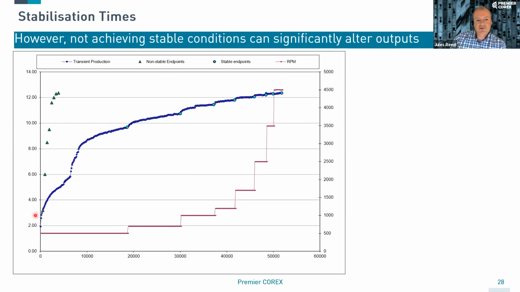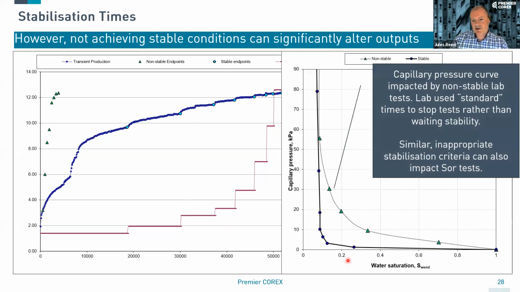The green triangles here are showing data where a limited time has been used, 8 hours for each step, assuming that things are stable after a certain period of time. Whereas the blue lines here are showing the whole process being logged and waiting for stability at each stage, ensuring that we have stability.